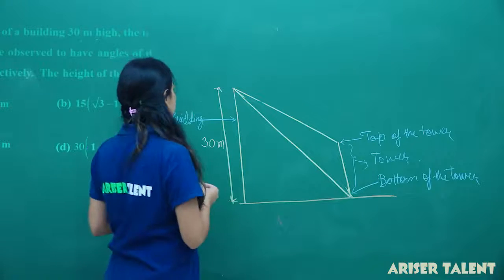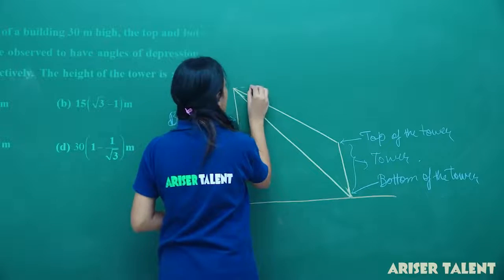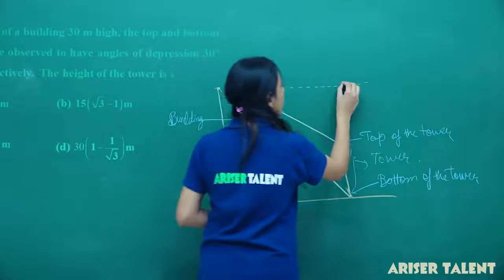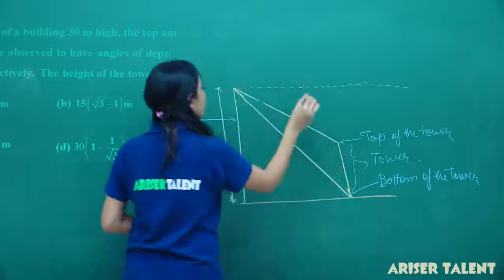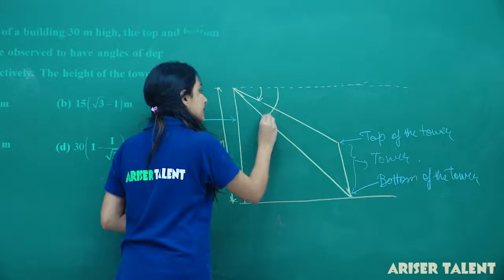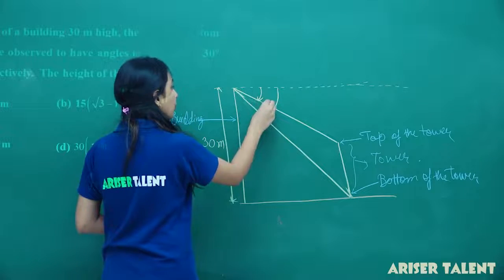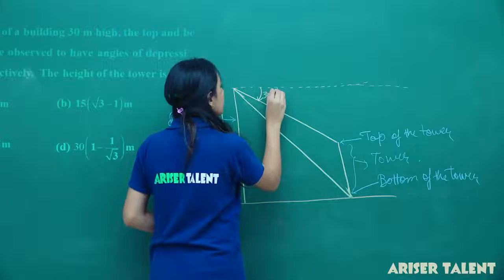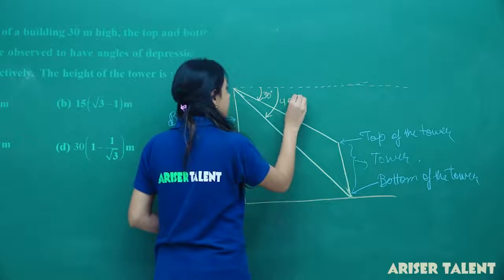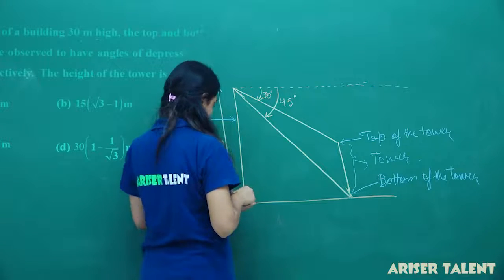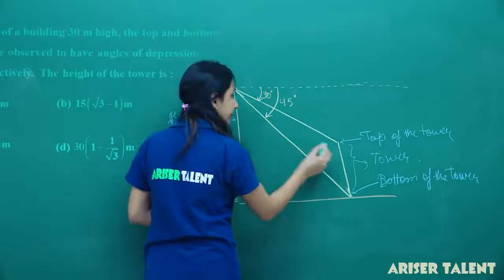Now, that depression angle is measured from the horizontal line. So, the first angle is this and the second angle is this. The first angle, for the top, is 30 degree, and for the second, it's mentioning 45 degree.